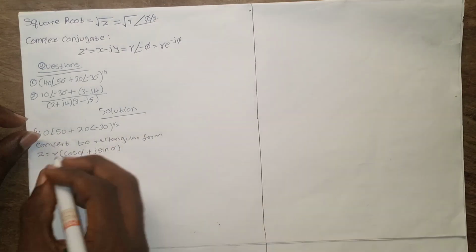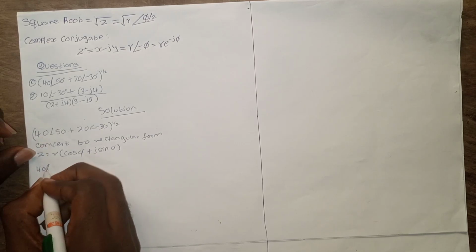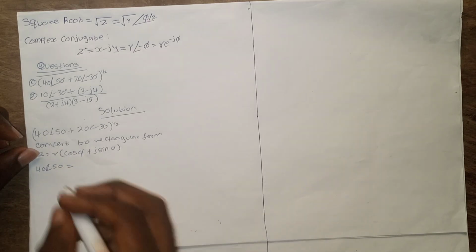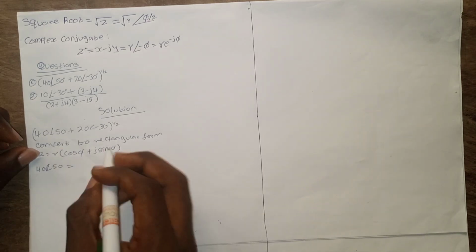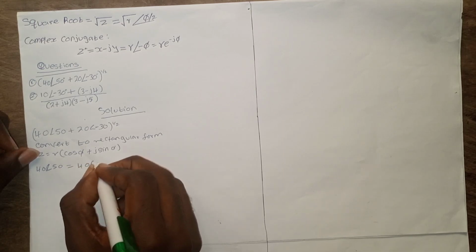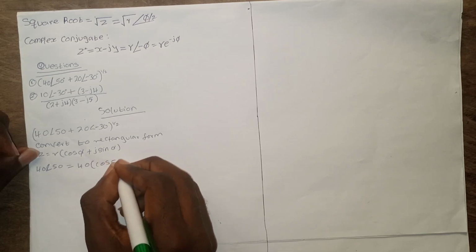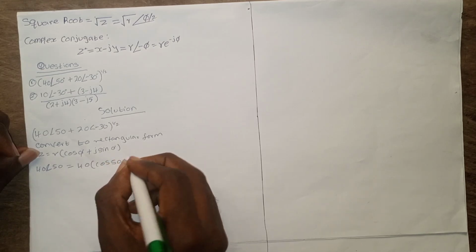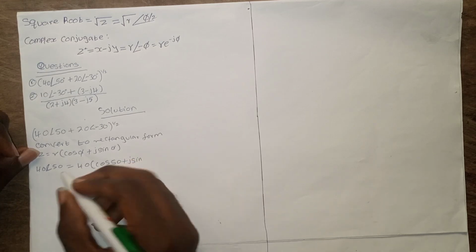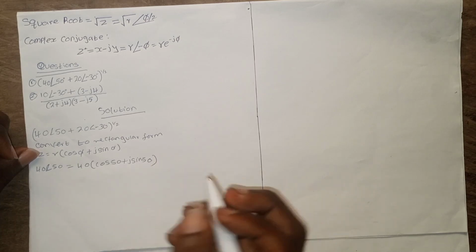So by converting the first one, that is 40 angle 50, our 40 is the r, so we're going to write 40 open bracket cos, the angle is 50, plus j sine, the angle again 50, then we close the bracket.